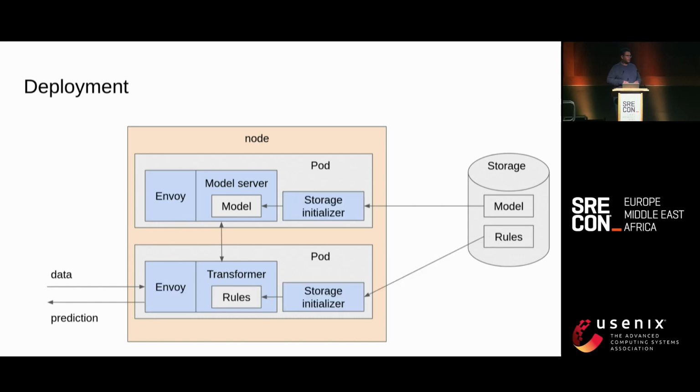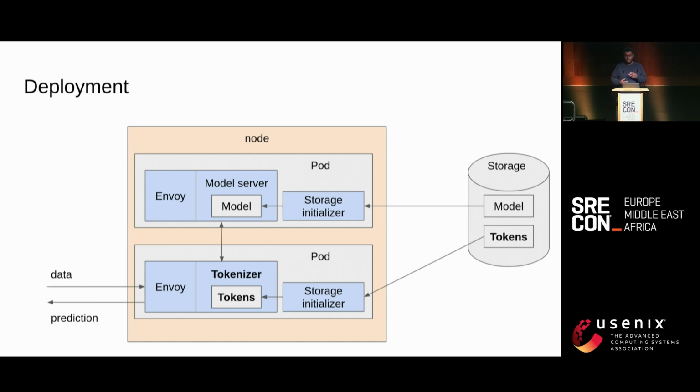We put an Envoy proxy to make sure that we have some mesh capabilities, to delegate the logging, the monitoring, the security, all these elements that we know and we need, to a service mesh. And we also have the concept of the init container in the pod that will play the role of loading the model from the remote location and storing it on the disk to make it available for the model server. The same concept applies to the transformer. Maybe we can take the rules of the transformation out of the transformer and put them in a storage. This is something typical that is happening.